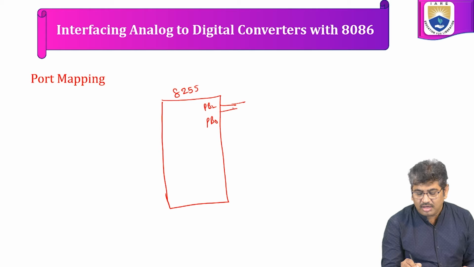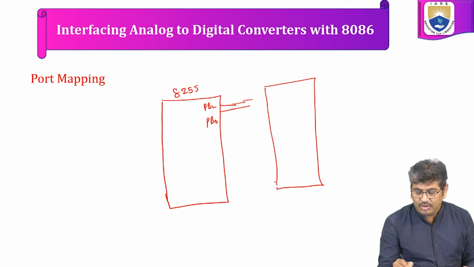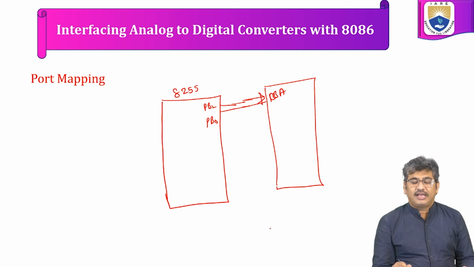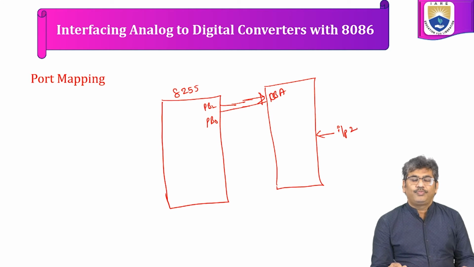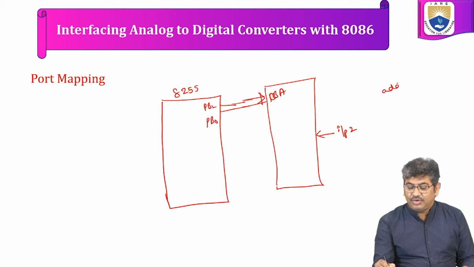These lines are used for selection of the input, which will select the corresponding input. In the problem statement, the input is present at input 2. So the address lines we have to use for selection of input 2, sending the CBA value, is equivalent to 0, 1, 0.